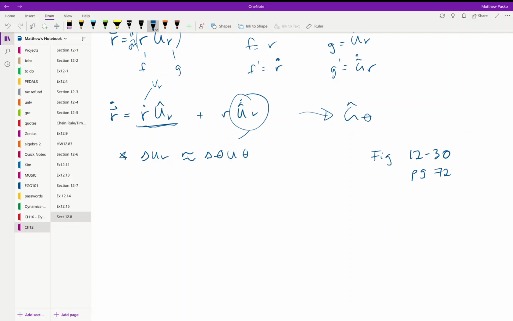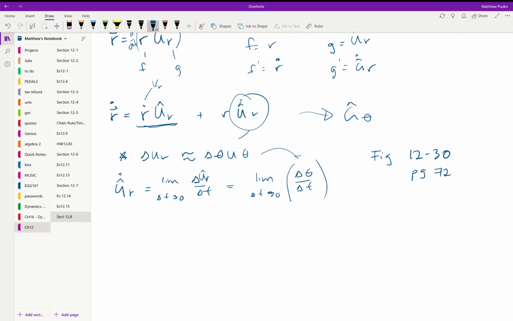If we make this approximation right here, we can get that the time derivative of the unit r direction would be the limit of, make the substitution, delta unit r over delta t, as delta t goes to 0. Sorry, talking faster than I can write.